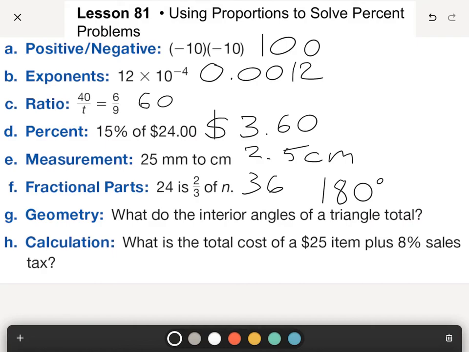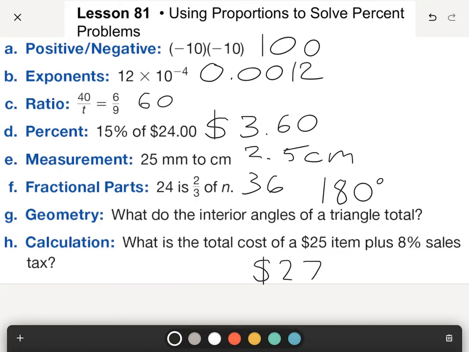So I can look at this and say, well, 1% would be a quarter, 25 cents, and 8 quarters is $2, and $2 plus $25 is $27.